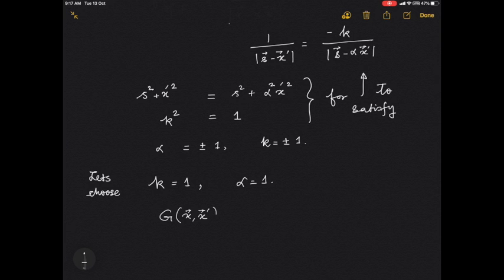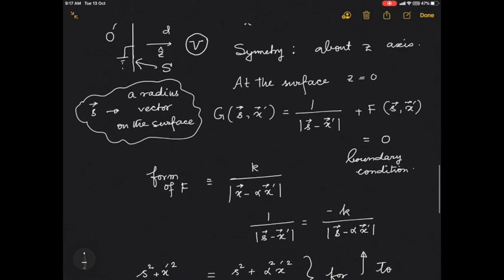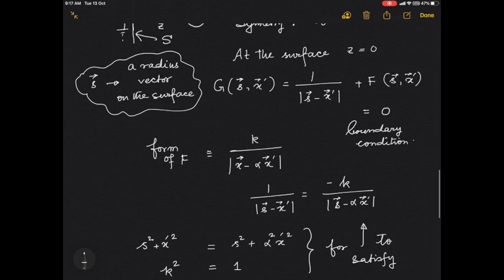So what happens to G now? So G of x prime, k and alpha both are 1. So I completely remove G from the equation, but I can keep it here.